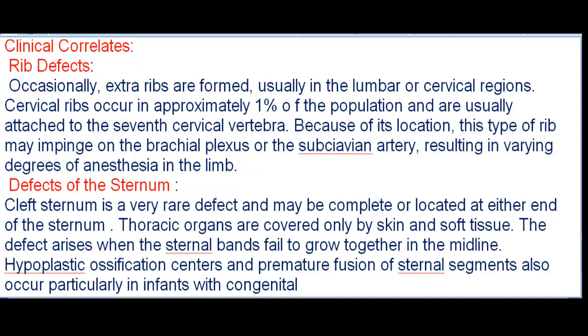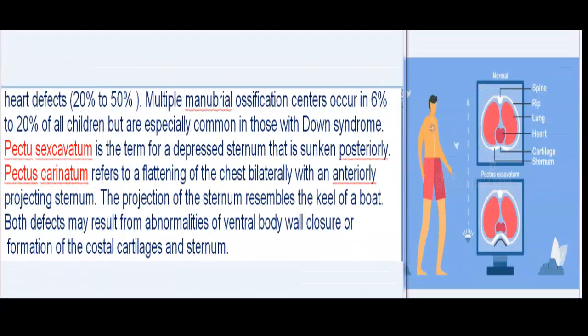The defect arises when the sternal bands fail to grow together in the midline. Hypoplastic ossification centers and premature fusion of sternal segments also occur, particularly in infants with congenital heart defects, 20% to 50%. Multiple manubrial ossification centers occur in 6% to 20% of all children but are especially common in those with Down syndrome.